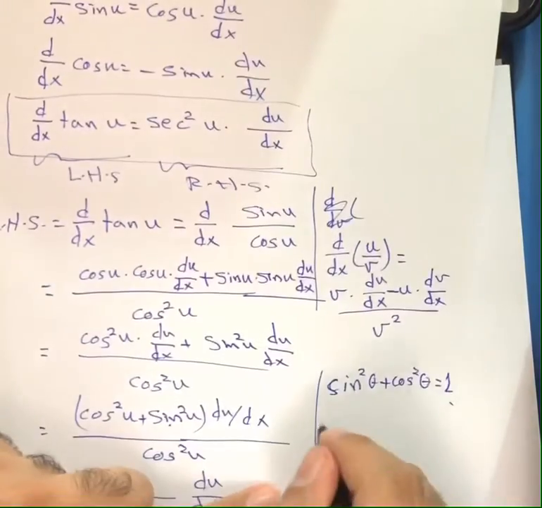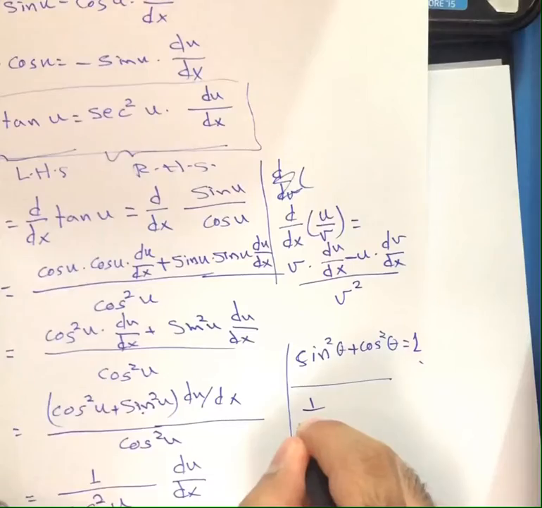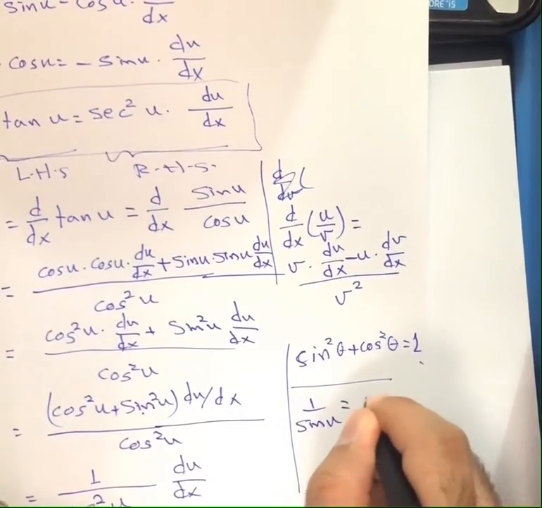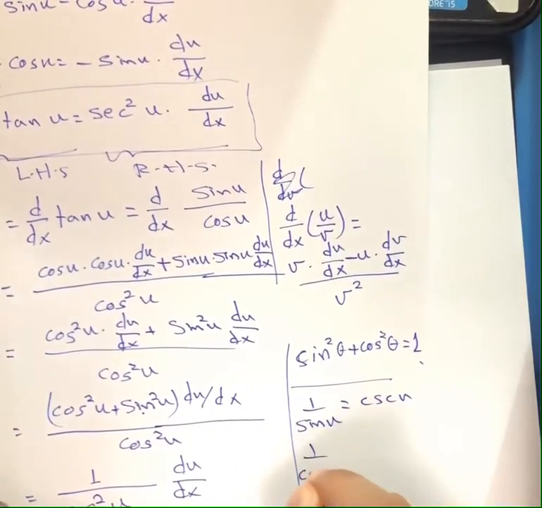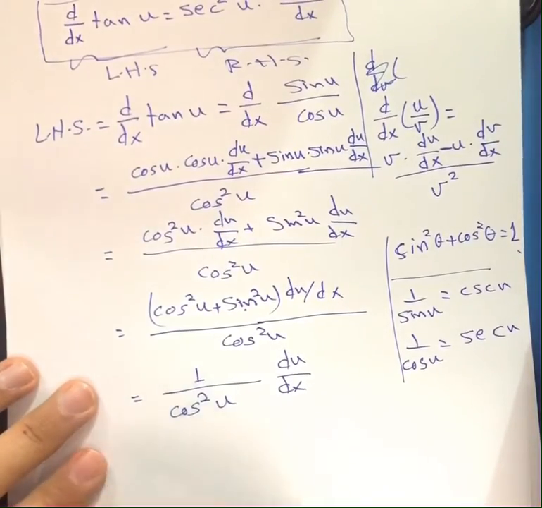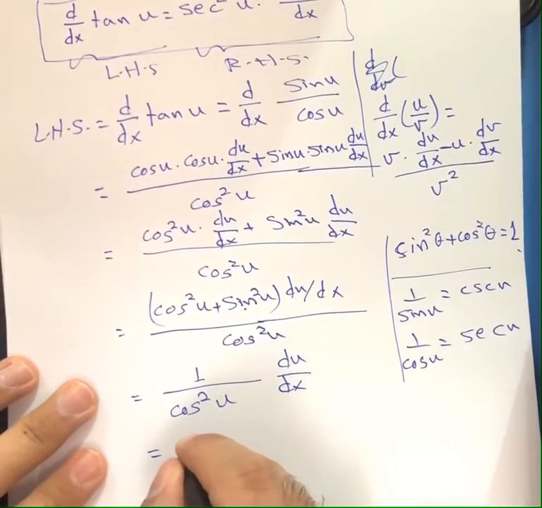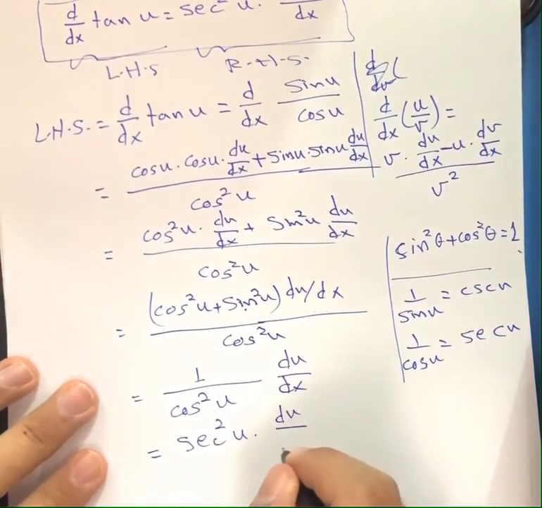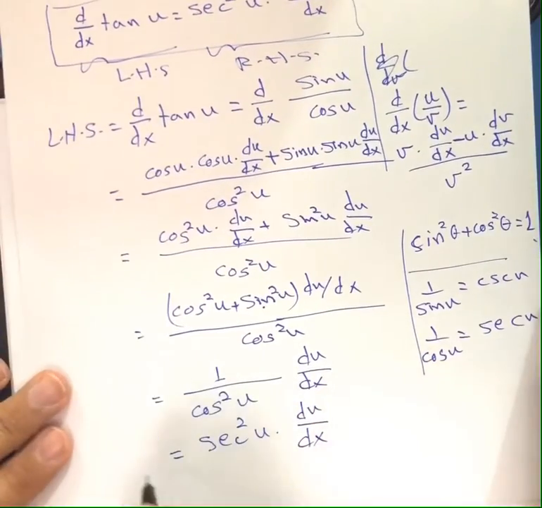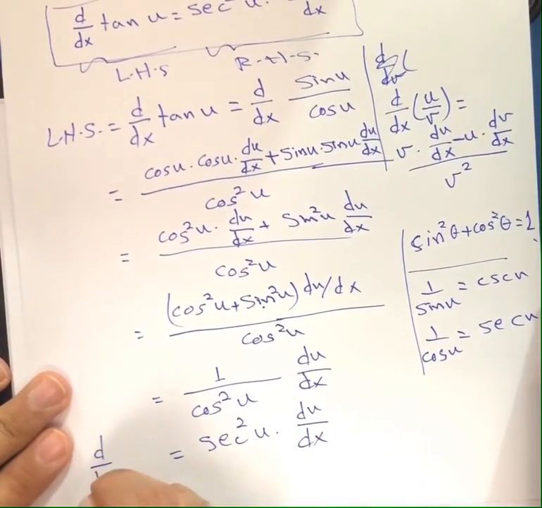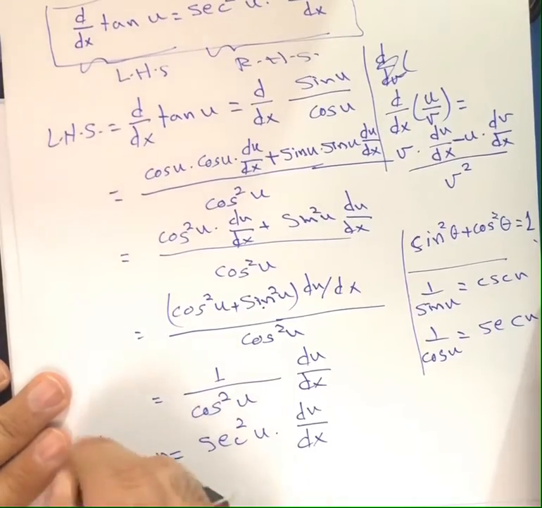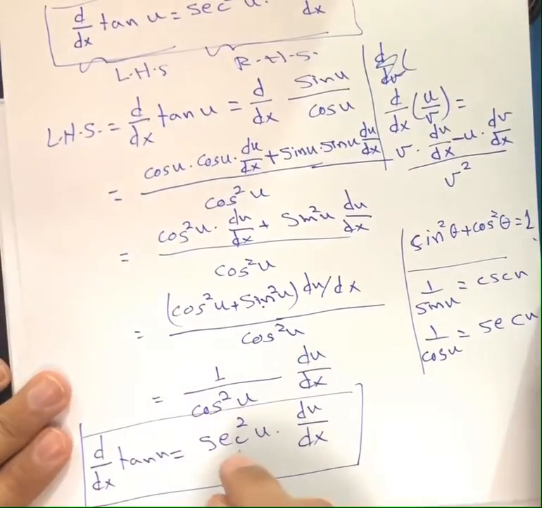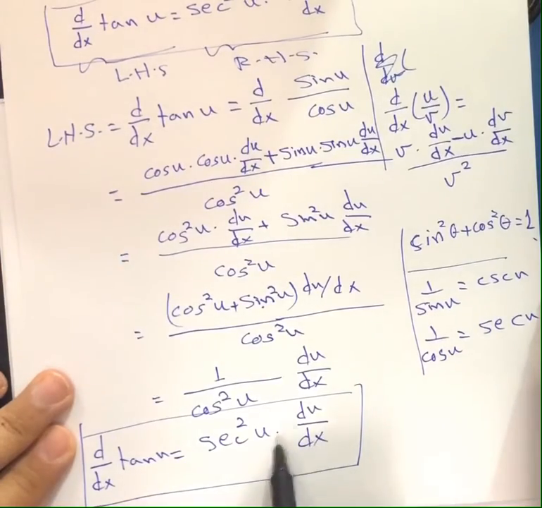Also, let me remind you that 1 over sine u is cosec u, and 1 over cosine u is sec u. So 1 over cosine square u will be sec square u multiplied by du by dx. In this way we prove that d by dx for tan u is equal to sec square u multiplied by the derivative of the angle, du by dx.